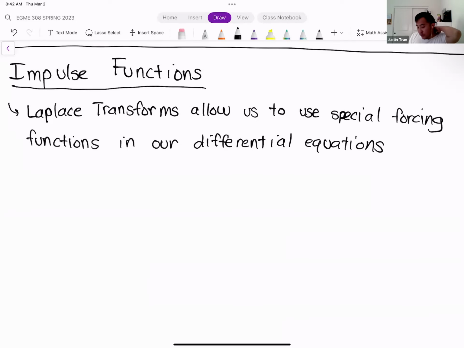And so far we've covered step functions, and the main utility of step functions was that it allowed us to model a phenomenon that could be turned on and off.